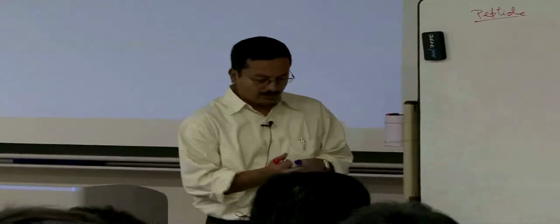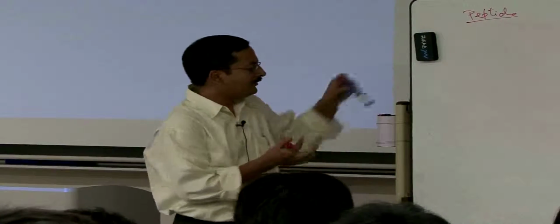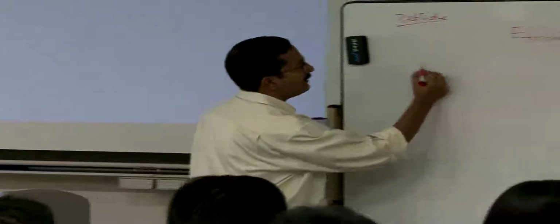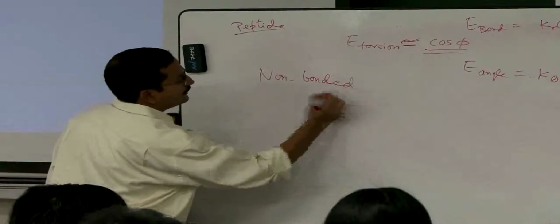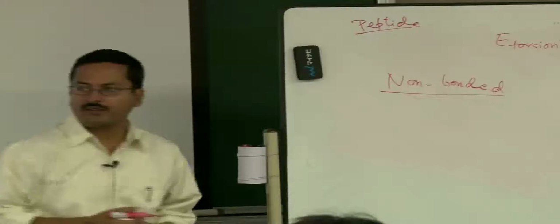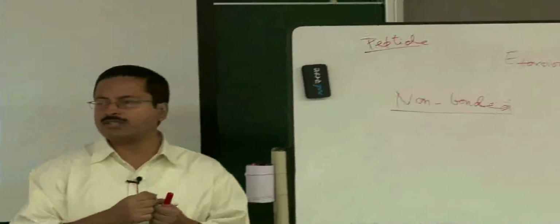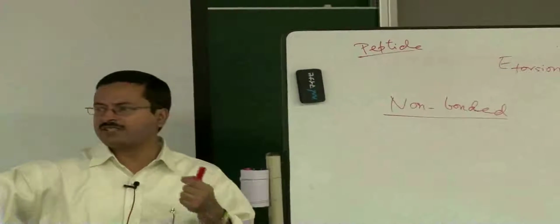But in a molecule, you have another type of interaction, which is non-bonded. Non-bonded means the atoms are not bonded to each other, they are far, but still they can interact.